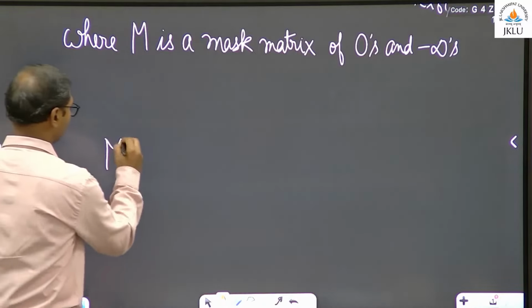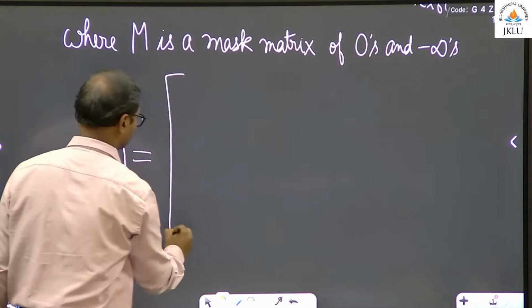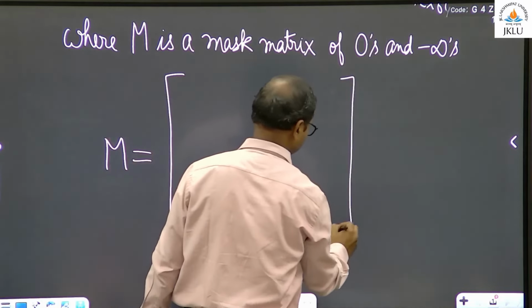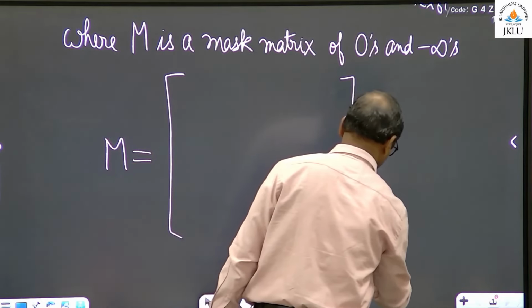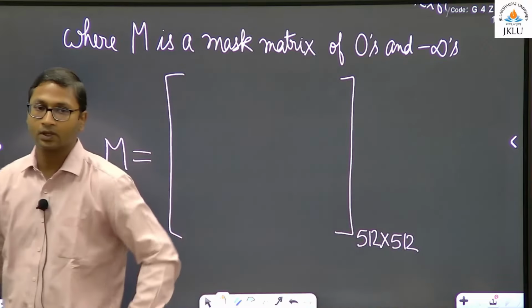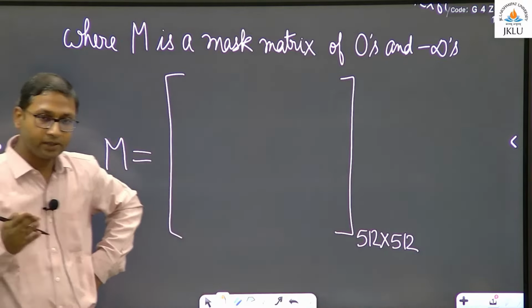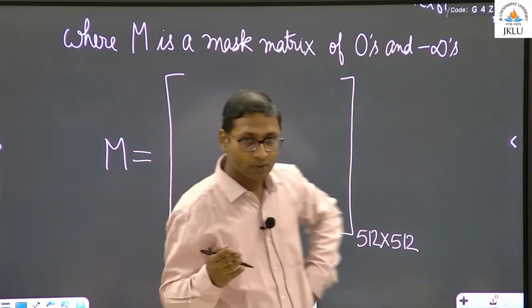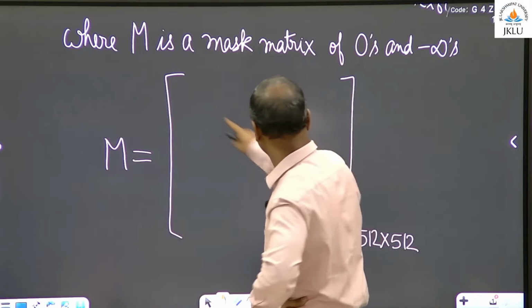So M should be what? So it's a 512 cross 512. What should my diagonal be? So you say my diagonal should be minus infinity.